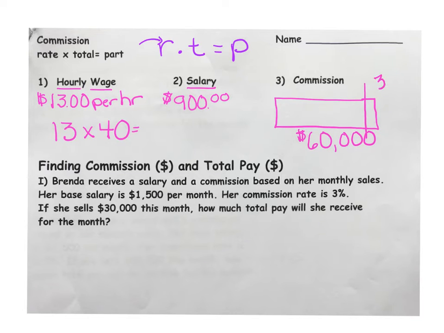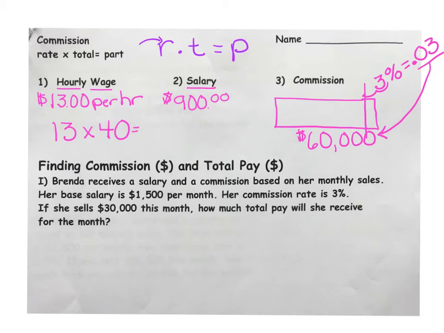And let's say your commission rate is 3%. If we convert that to a decimal, it's really equivalent to 0.03, which means you earn 3 cents on every dollar you sell.